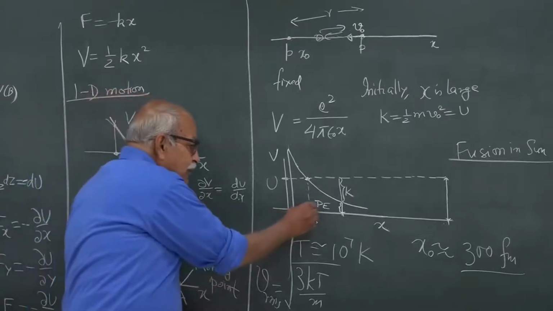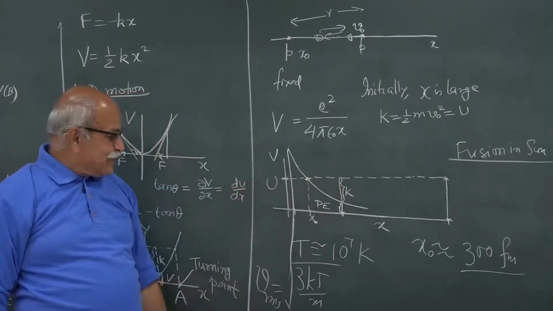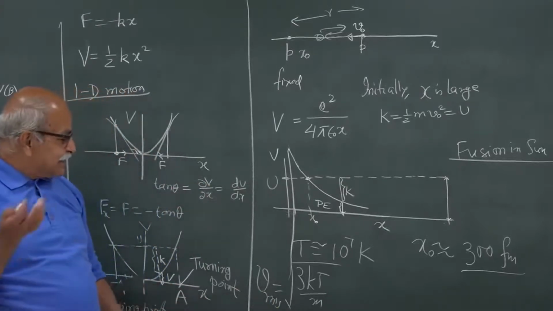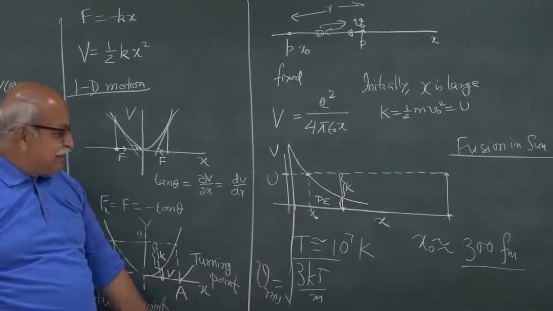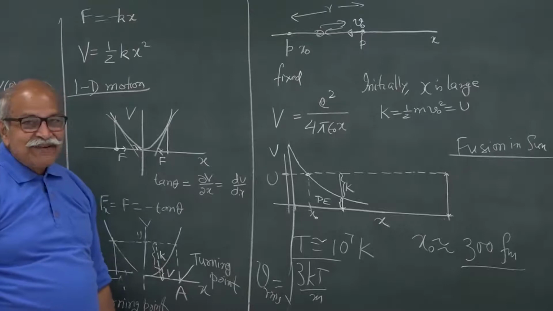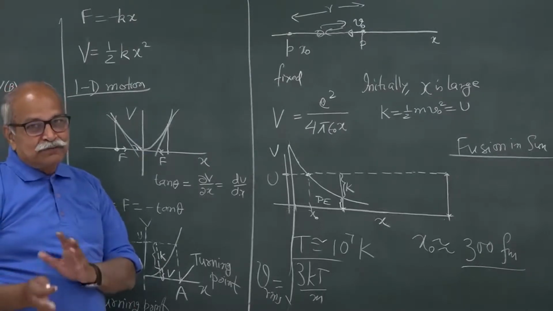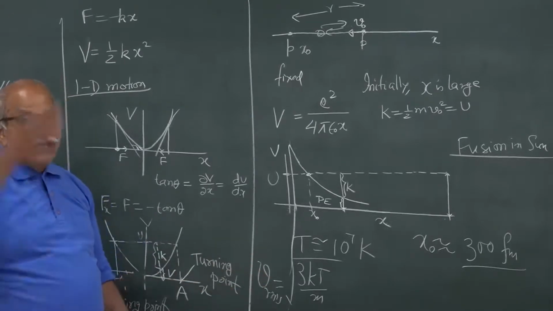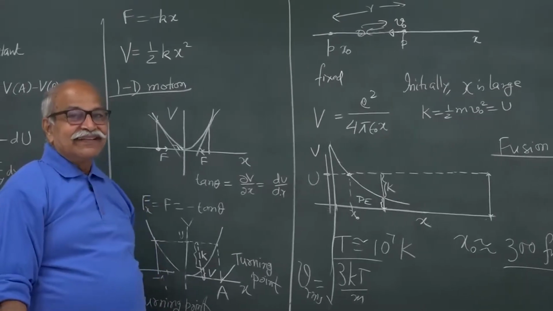Even if you say that you have some protons with speed higher than this RMS which we calculate from here, even then you do not have enough protons to reach here, fuse and give that wonderful energy that we receive from the sun.